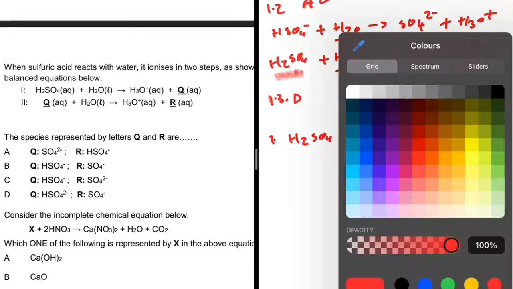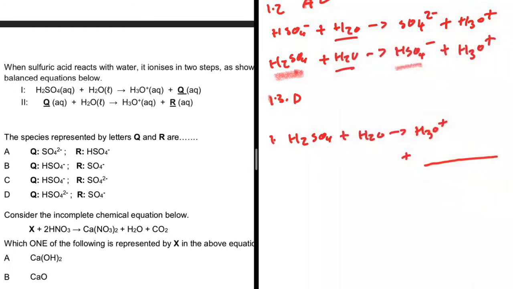So how can we possibly identify Q? We know that there is no element that is just going to disappear in our reaction. Everything needs to be accounted for. So take a look at this. We start with H2O. Now we have H3O plus. So clearly H2O has gained a proton. But where is the proton coming from? It's coming from H2SO4. There is no other species.